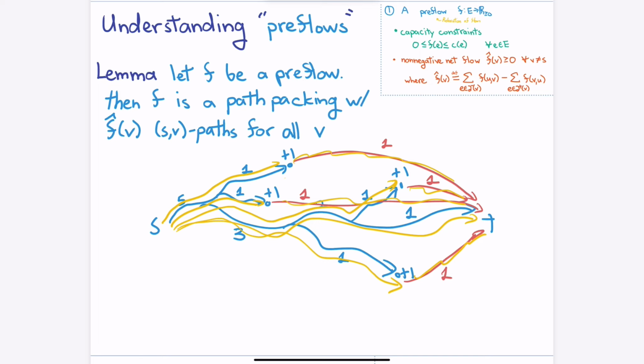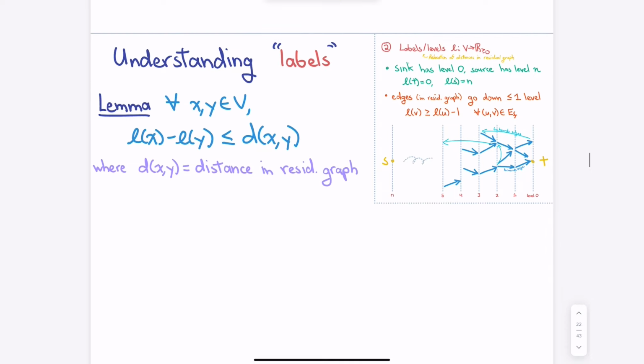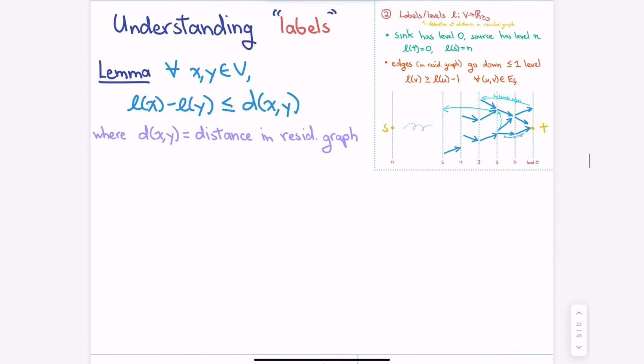You can always think of it as a flow coming out of the source, but it's only the destinations, the sinks, that are sort of screwed up. But otherwise, getting to those excess vertices makes sense. I can find paths to them. Okay, good. So that's how to understand preflows.